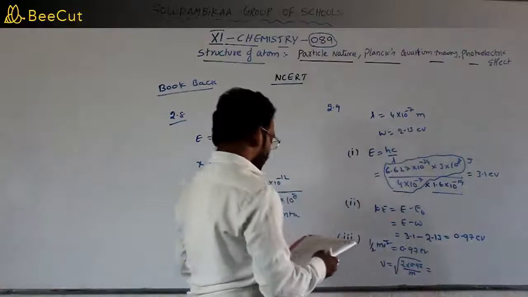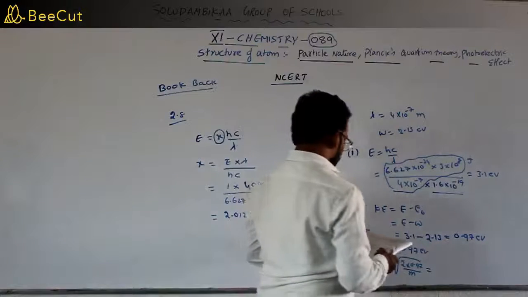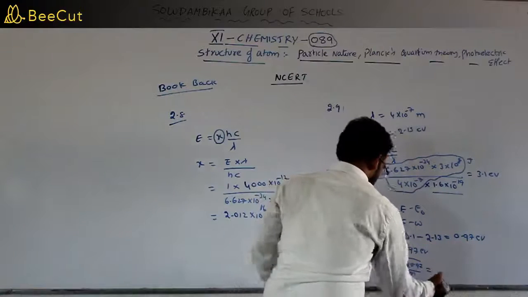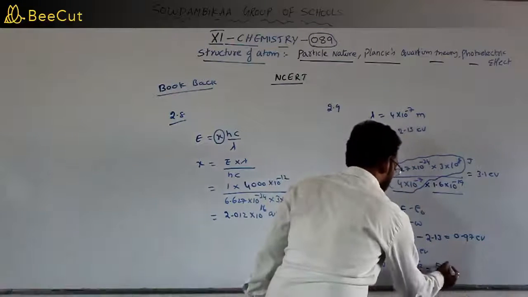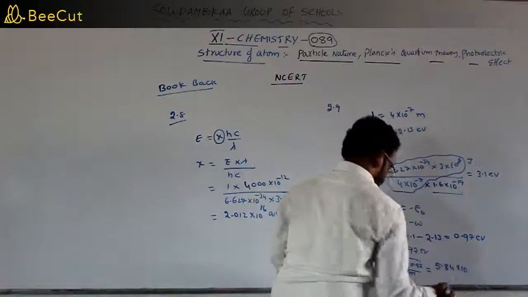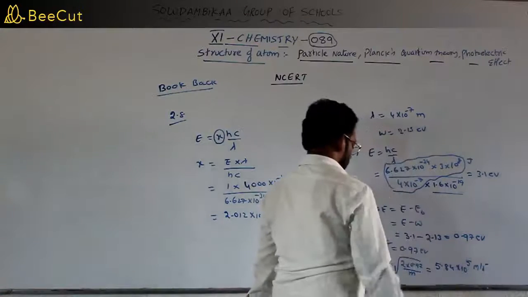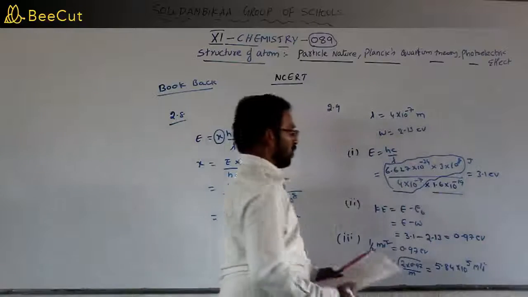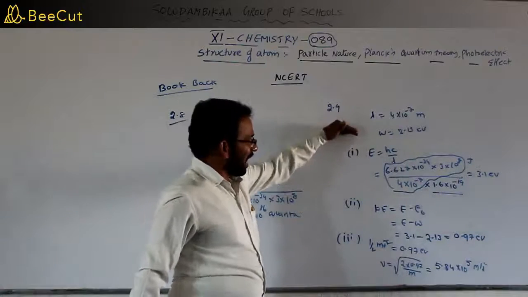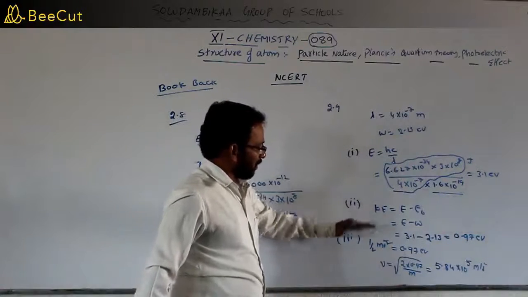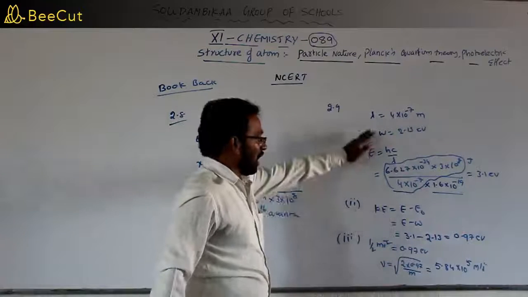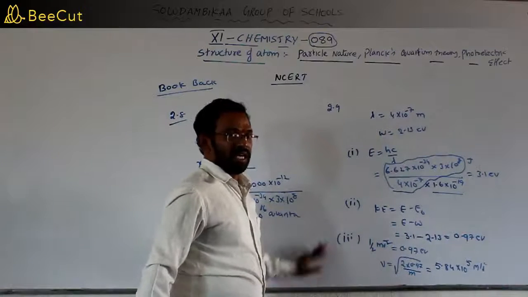So we can get approximately the answer 5.84 into 10 to the power of 5 meters per second. So once you know the energy, then we can get kinetic energy, then we can go for velocity. All are linked.